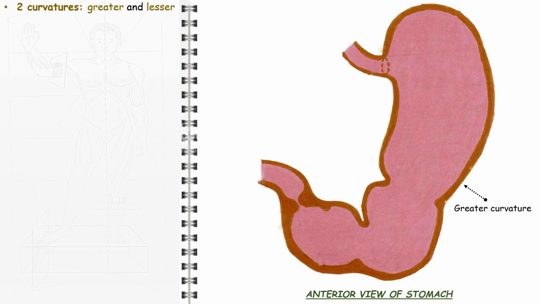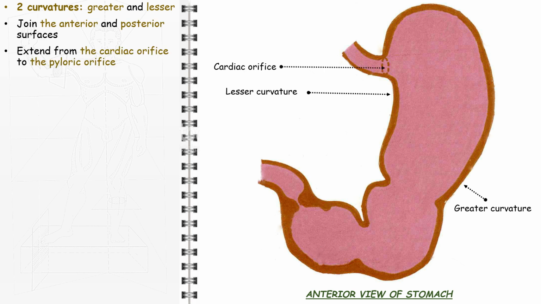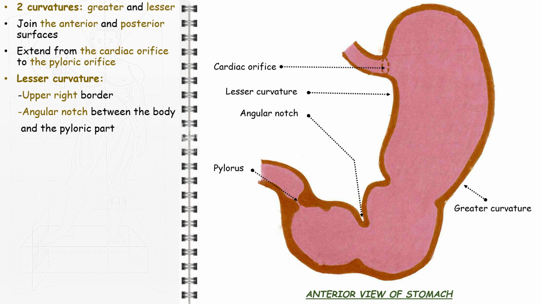The curvatures of the stomach join the anterior and posterior surfaces and extend from the cardiac to the pyloric orifice. The lesser constitutes the upper right border of the stomach. At the lesser curvature, the pyloric part is separated from the body by the angular notch. The lesser curvature of the stomach ends at the upper lip of the pyloric sphincter.